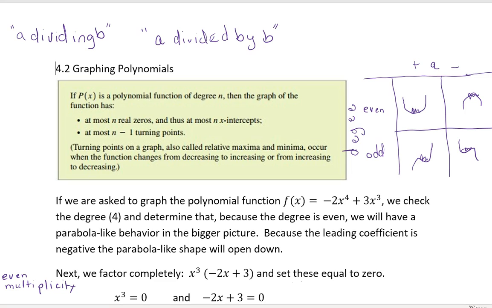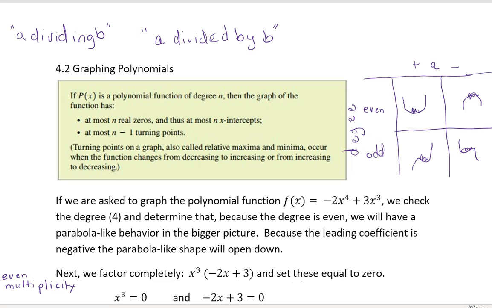Remember, if you have an even degree, and we've already talked about what happens when we have a quadratic, this is very similar to that. Anytime you have an even degree, 2, 4, 6, 8, any of those, you're going to wind up with something that looks, generally speaking, like a quadratic, opening up if your A is positive, and opening down or frowning if it's negative.